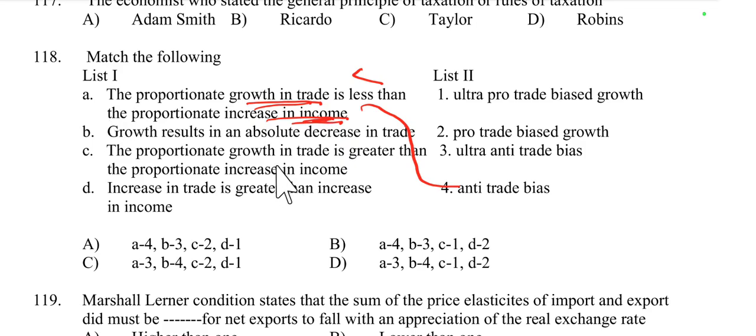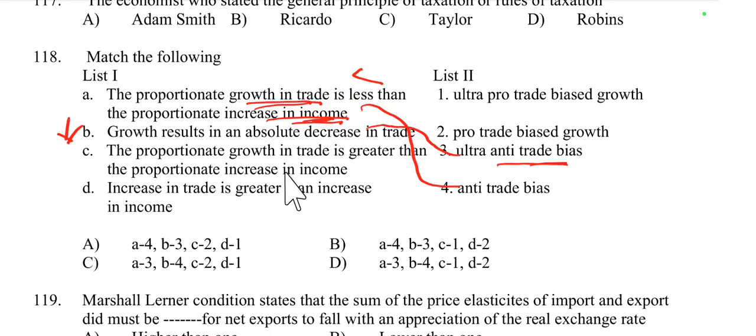Then, growth results in an absolute decrease in trade. When trade decreases, it is called ultra anti-trade bias.